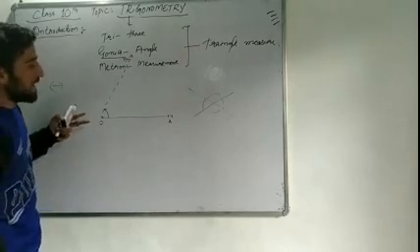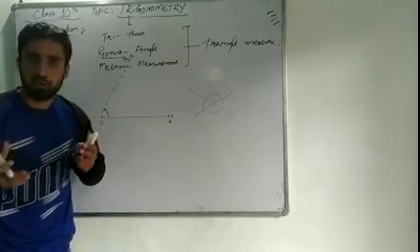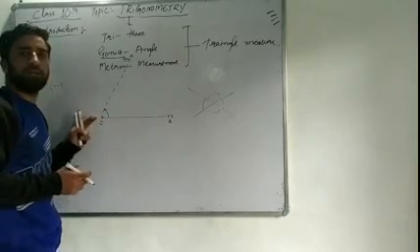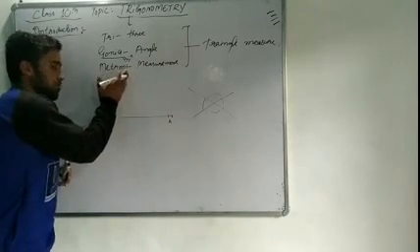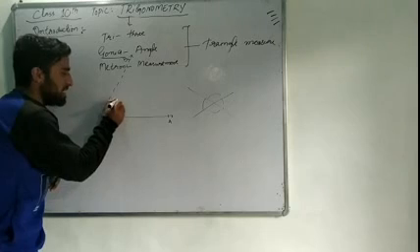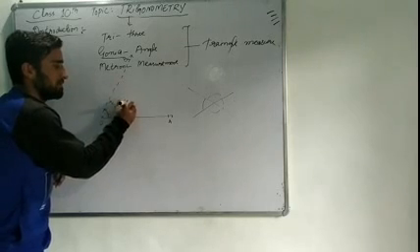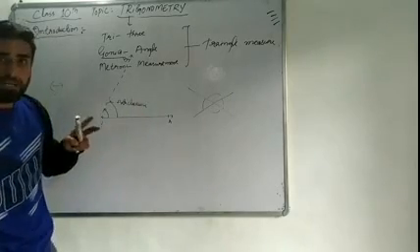So simply the angle is the amount of rotation of the initial ray about some fixed point. Now this ray can be rotated either this direction or this direction. Whenever it rotates in this direction, that is anti-clockwise, then a positive angle will be described.